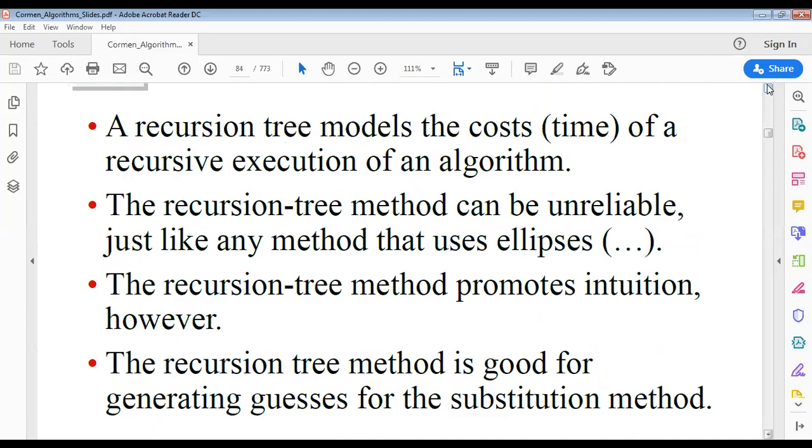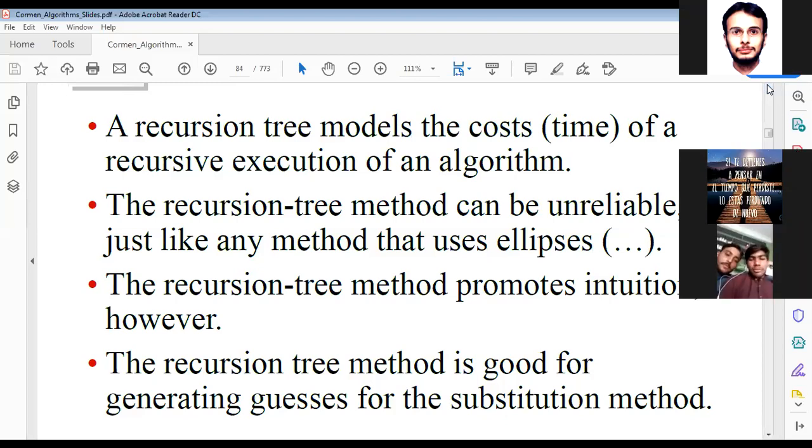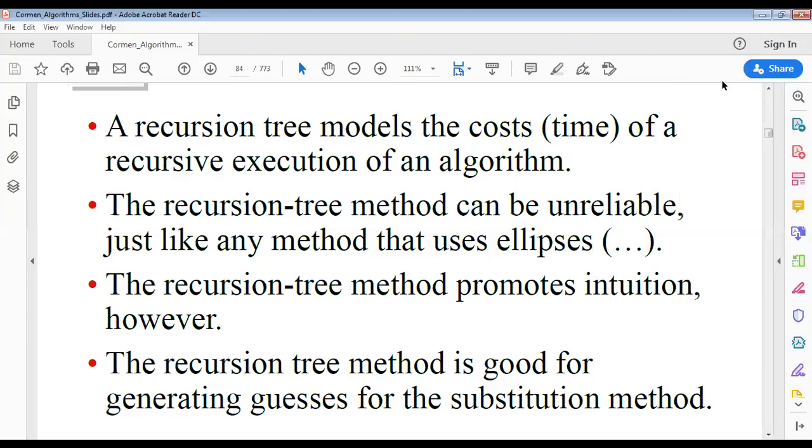We have already seen an example of a recursion tree method recurrence equation using merge sort. The recursion tree method can sometimes be unreliable, but it is mostly used and it can generate a good guess for the substitution method, which we will discuss later on.